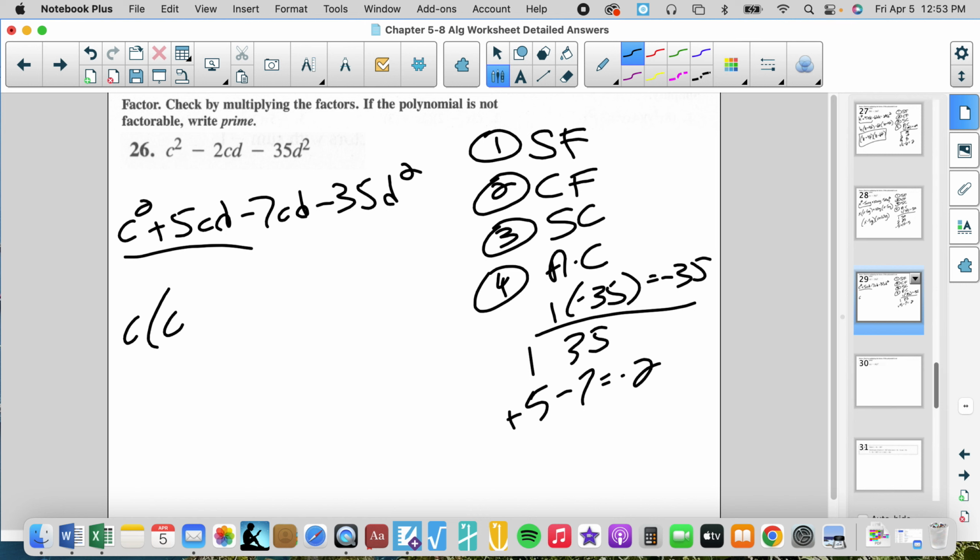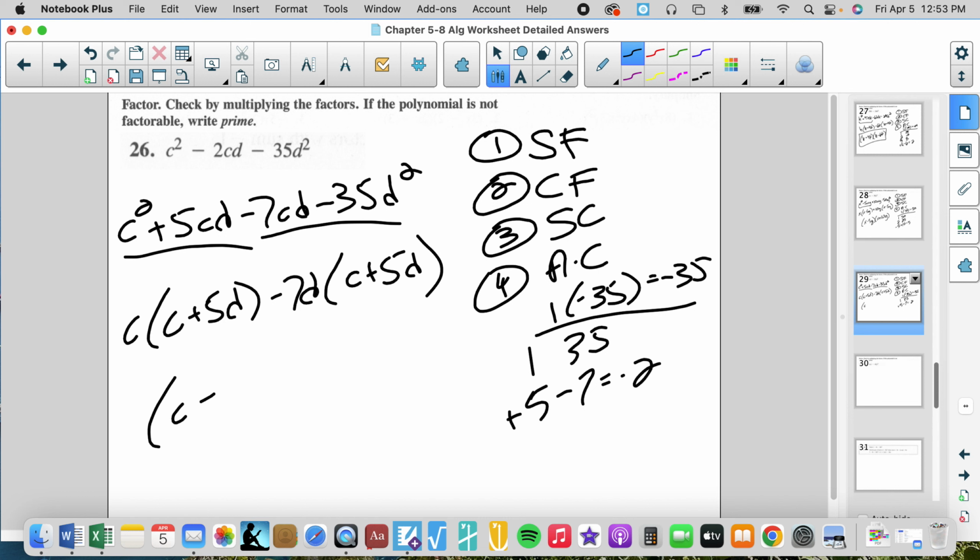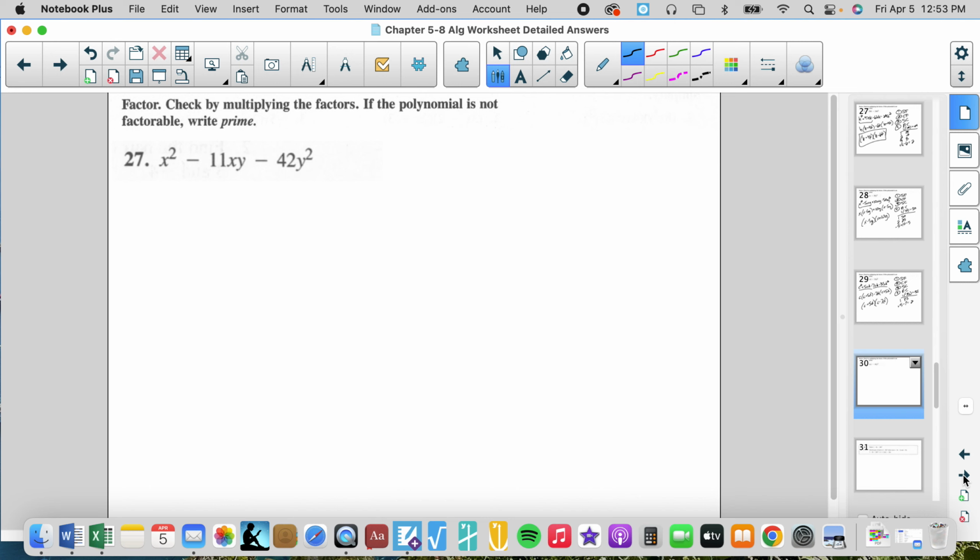Factor out a C, C plus 5D. Factor out a negative 7D. You get C plus 5D. And don't just guess at it, look at it, make sure you're factoring out the proper common factor when we factor by grouping.